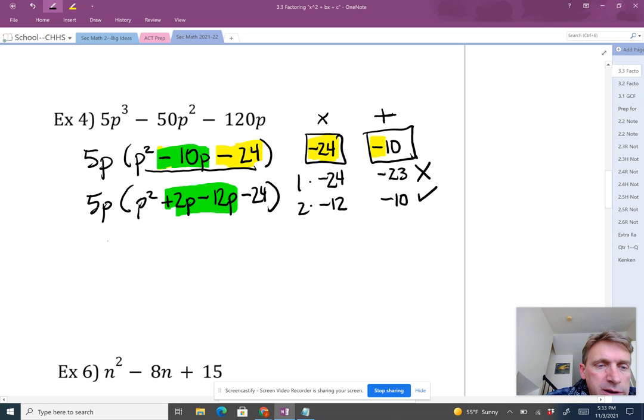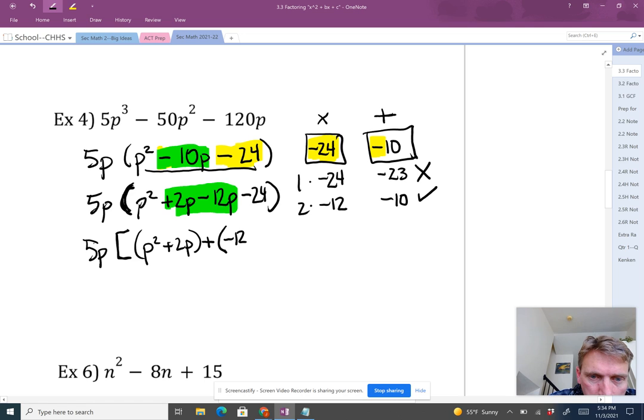And so then I can factor what's inside here by grouping. So I'm going to leave my 5p outside. I'm going to change this parenthesis here to a bracket. And then I'm going to say inside I've got p squared plus 2p. Close the parentheses. I'm going to put plus, and then in parentheses minus 12p minus 24. And I'm going to close that up.